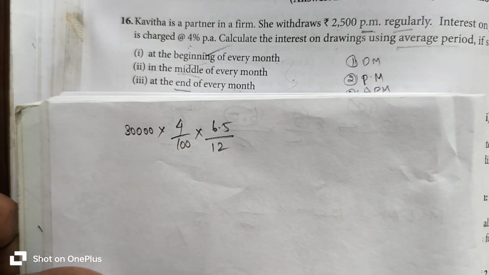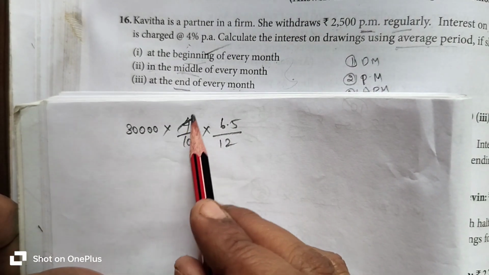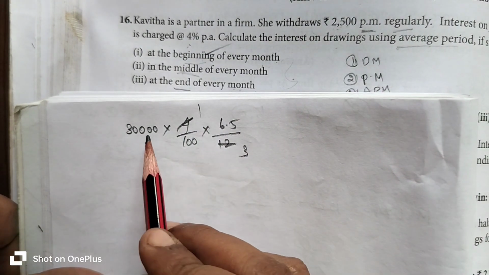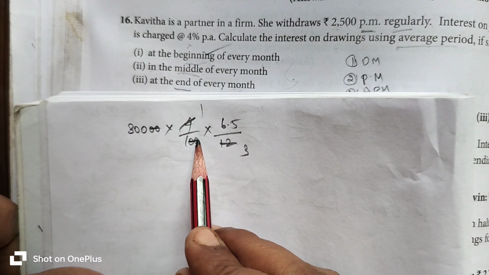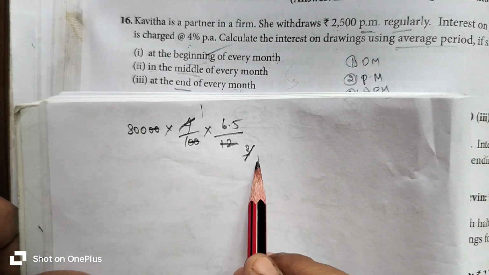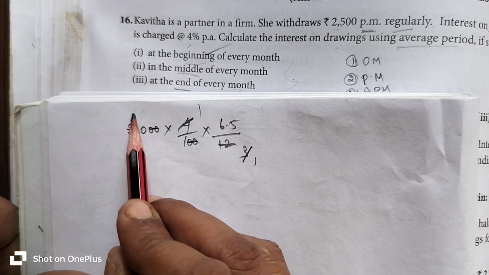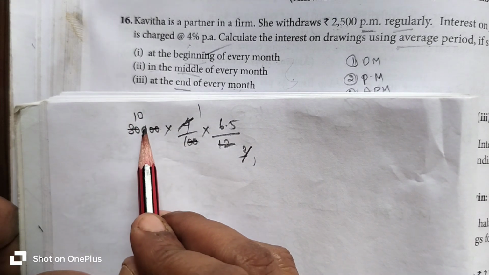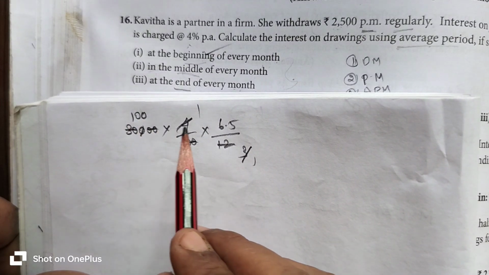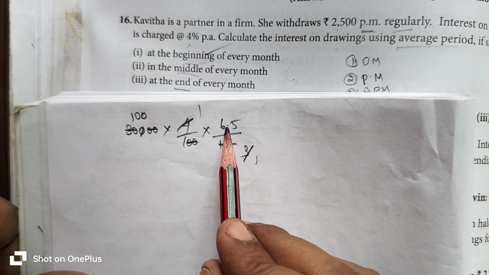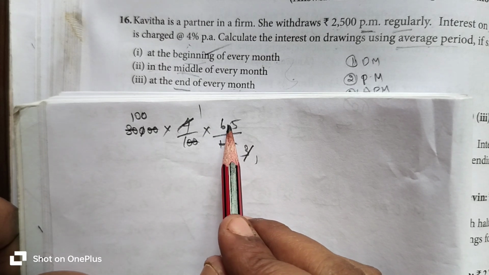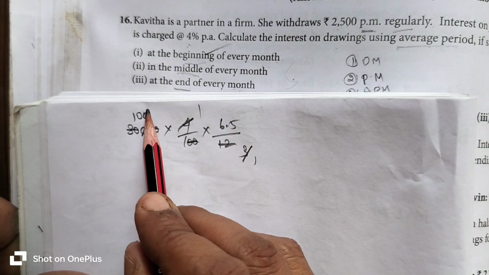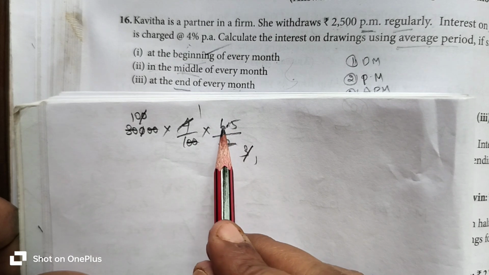Now you have to cancel it. 1 4 is 4, 3 4s are 12. This 20 is to be cancelled for this 20. 1 3 is 3, 10 3s are 30. This 0 is to be added here. After one digit you have a point here. To cancel this point, for this 0, the point is cancelled.